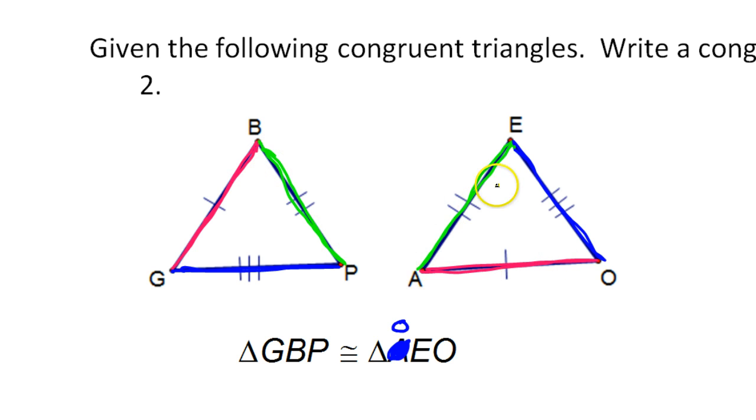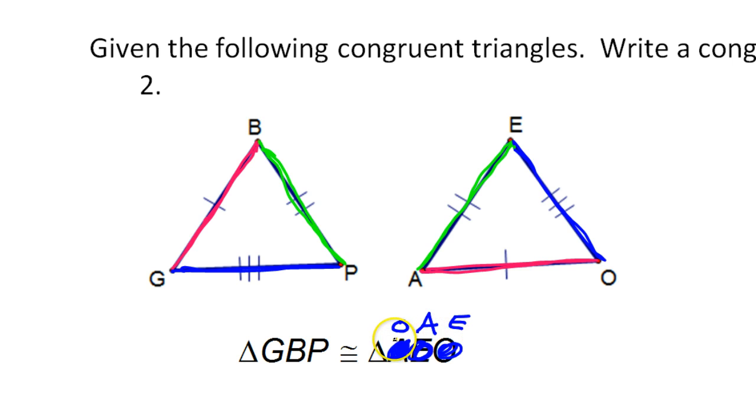Over here, the pink and the green form angle A. What's left is P, which is formed by the green and the blue. Over here, the green and the blue form angle E. So the correct congruency statement is triangle GBP is congruent to triangle OAE.